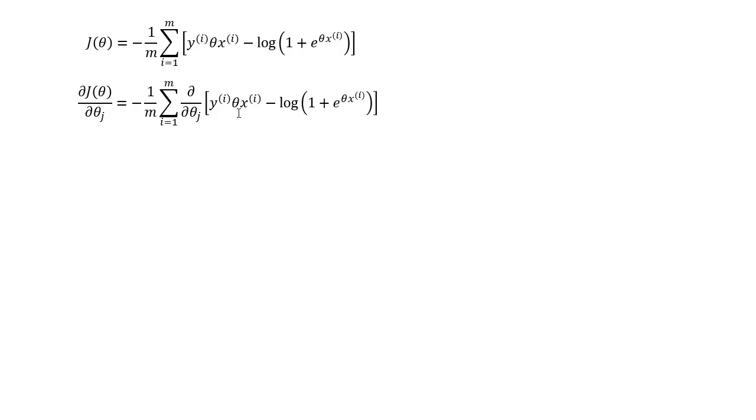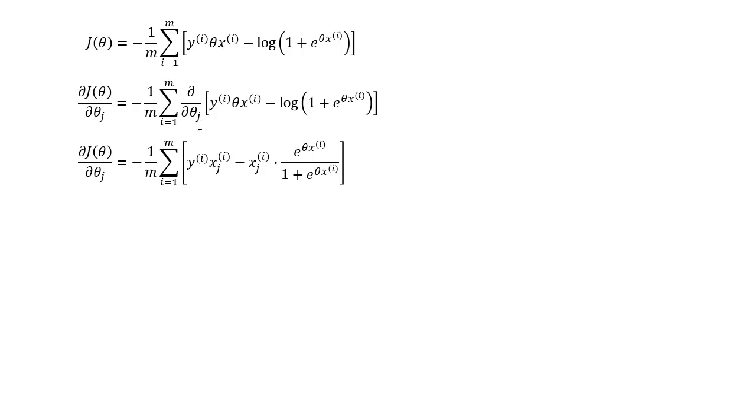So what I'm going to be left with is, when I take the partial derivative of theta times x, the only theta that survives that process is the theta j that is paired with the x sub j. So keep that in mind as we progress. That's why we're going to have subscripts on our x's now.